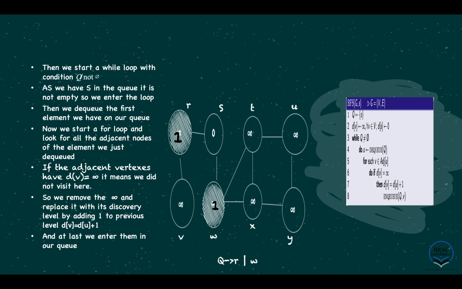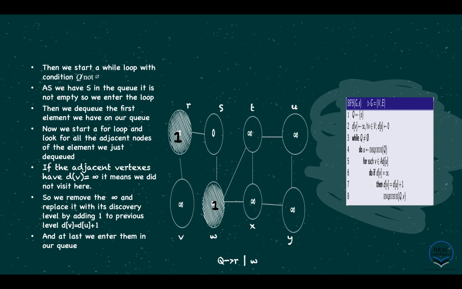And then we start a for loop, and we look for all the adjacent nodes to that specific element, which was our S. So we found that R and W were our adjacent nodes. So we go there and replace their value infinity with the value 1.